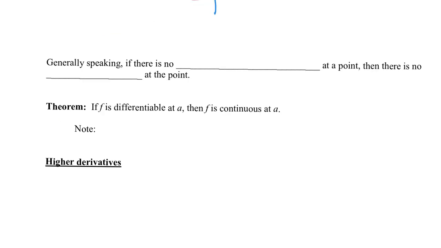So generally speaking, if there is no tangent line at a point, there is no derivative at the point. If you can't imagine a tangent line being there, like if you try to think of a tangent line of the absolute value function, how could you have a tangent at that point? You know what I mean? So when that happens, there's just not a derivative there.